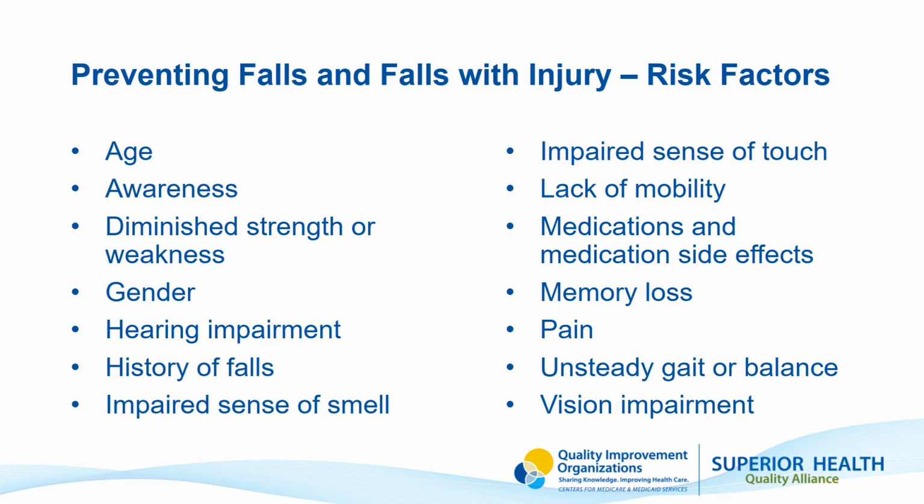Supportive equipment and assistive devices. A walker or cane out of reach or improperly used, non-skid socks used inappropriately, and poor fitting shoes are all examples that are intended to be a solution, but can actually be the cause of a fall.